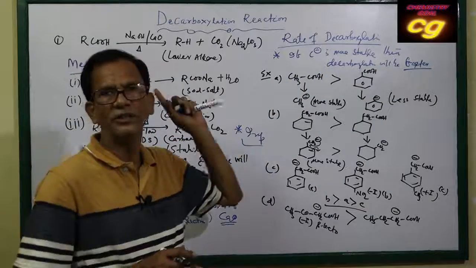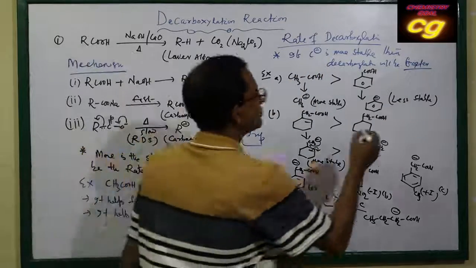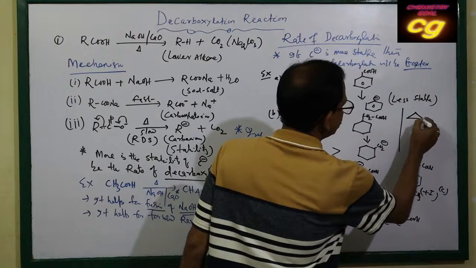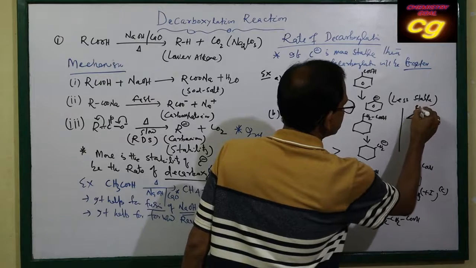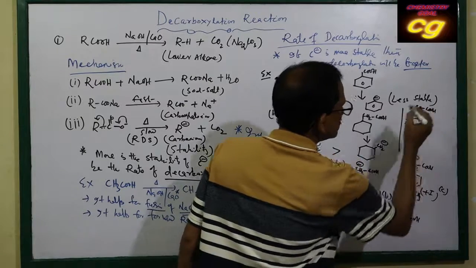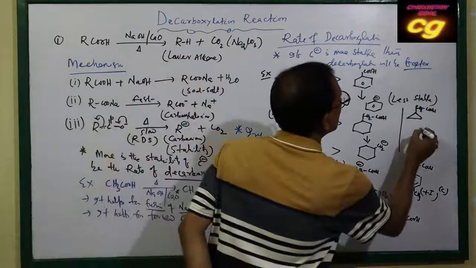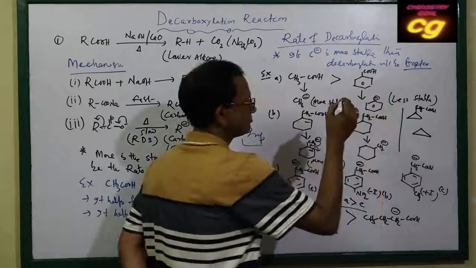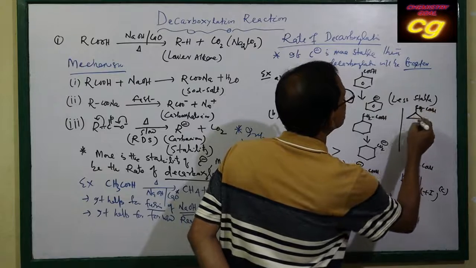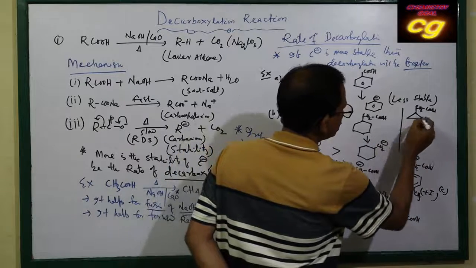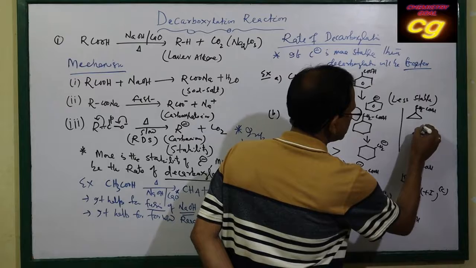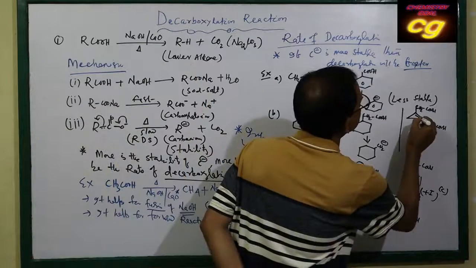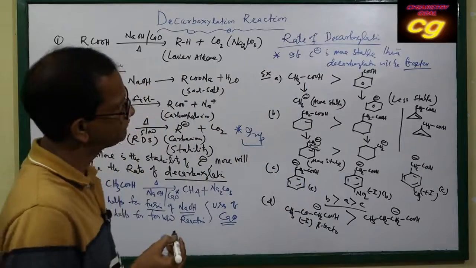It depends on the stability of the carbanion. So we can also take other examples. Suppose this case. This is the first case. Another case we can take like this. Suppose this is the case having a minus charge taken here, then CH2 COOH. This is the double bond. It has a double bond here.